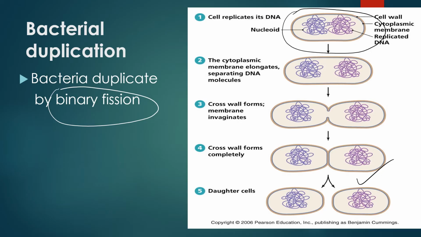And so once these two daughter cells are formed, they're going to go on to replicate again to produce another two daughter cells that are identical to that parent cell. So that's how bacteria tend to multiply. So once a bacteria enters the host body, in order to increase the bacterial numbers for the host, that bacteria will duplicate itself by something called binary fission.